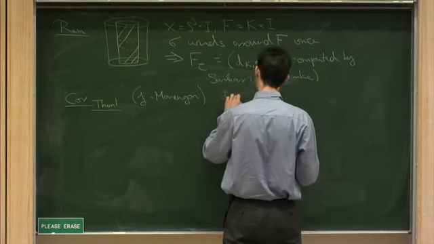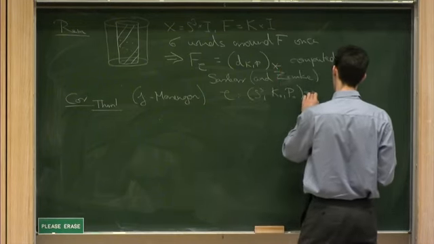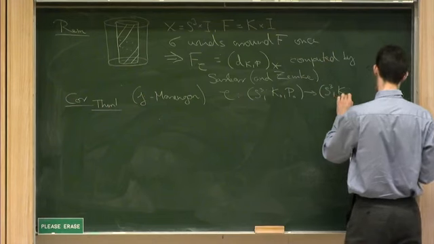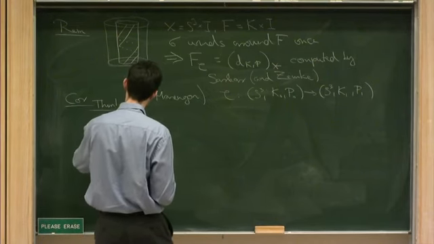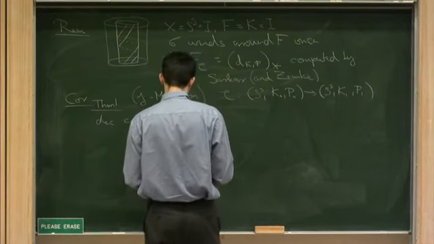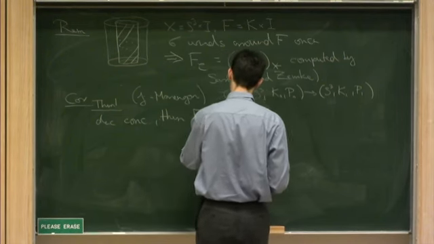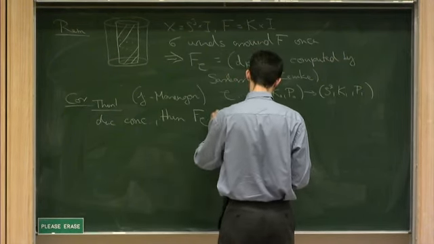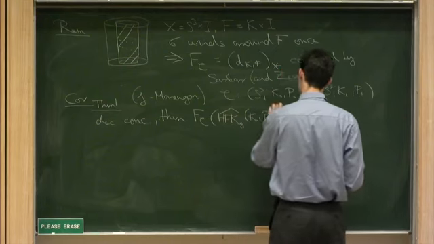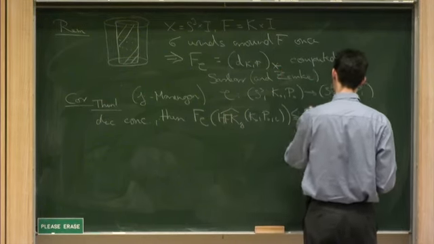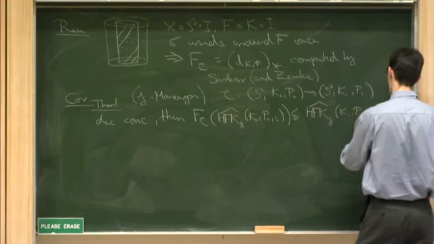So if C is a concordance from S3, K0, P0 to S3, K1, P1, so a decorated concordance, then F_C maps HFK hat sub J of (K0, P0, I) to HFK hat sub J of (K1, P1, I).